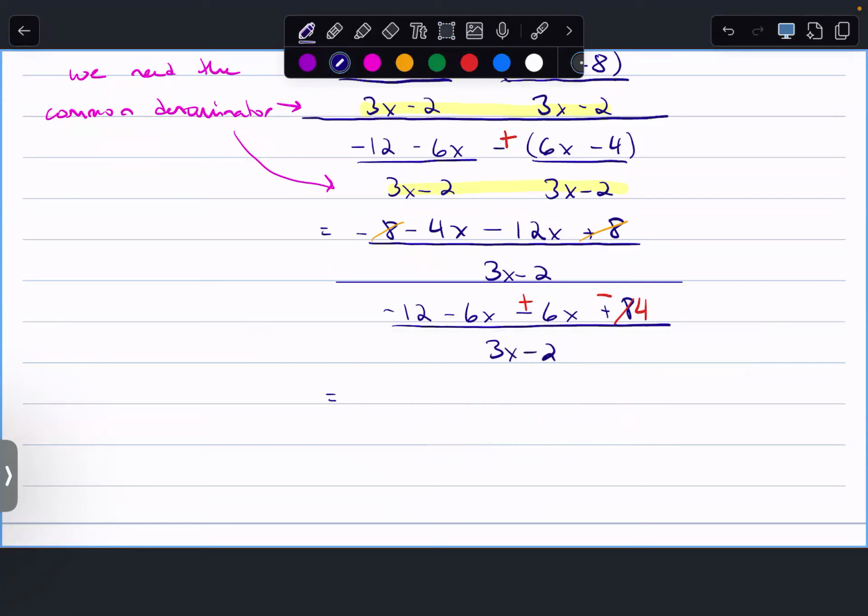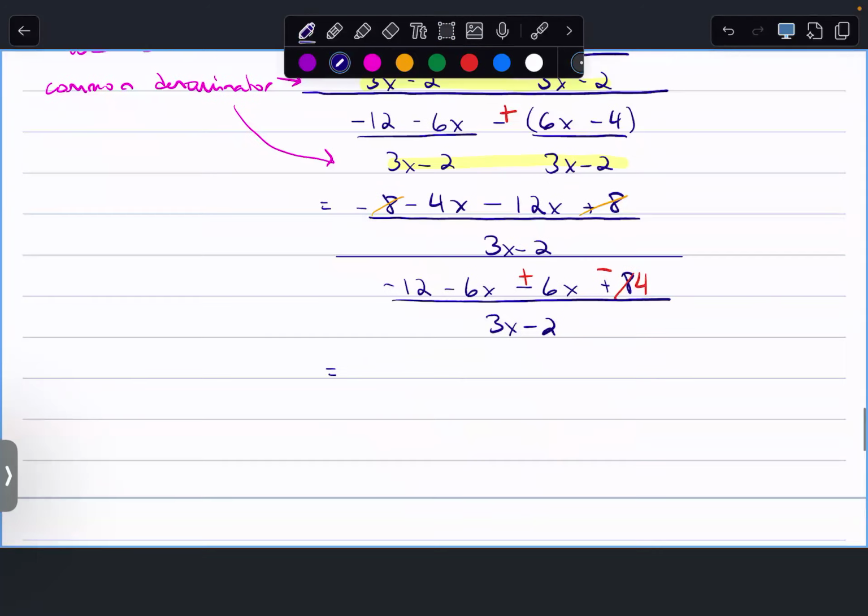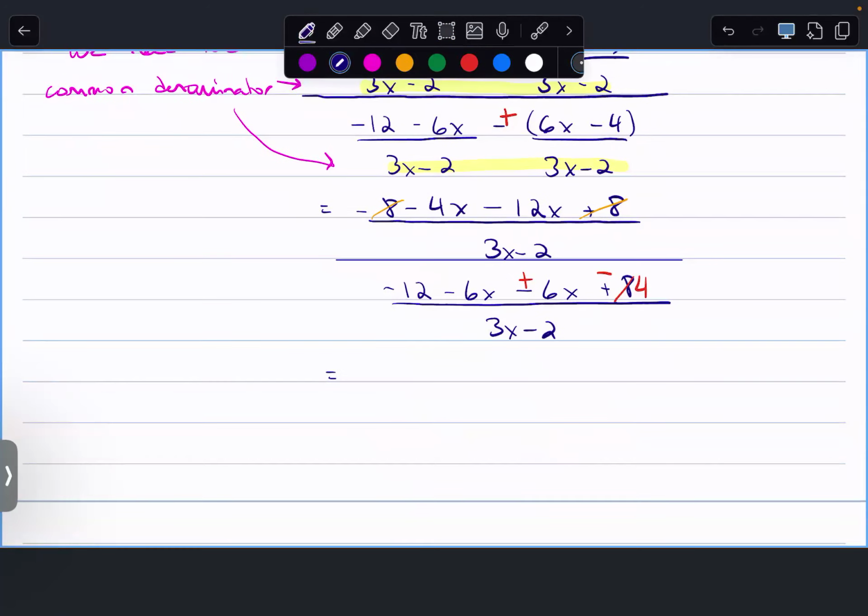Hopefully that's the only thing. Looks beautiful. Negative 16x divided by 3x minus 2.